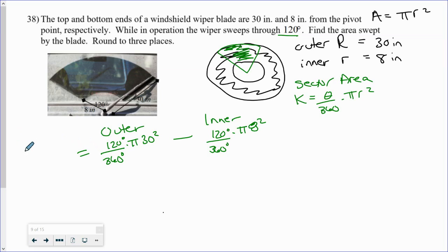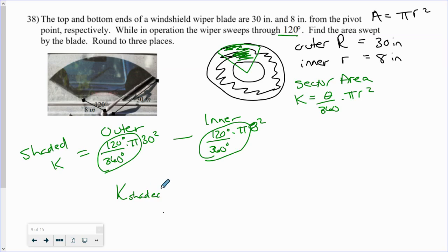And that will equal the shaded area. Well, I'm going to factor out, they both have 120 over 360 and pi. So I'm going to say the area of the shaded is equal to 120 pi over 360, because our degrees cancel. And we're going to have 30 squared minus 8 squared.